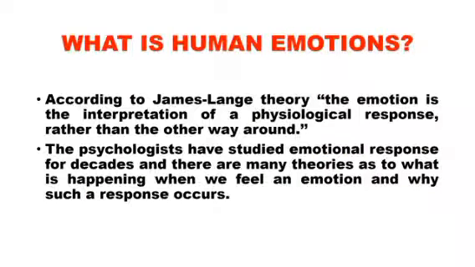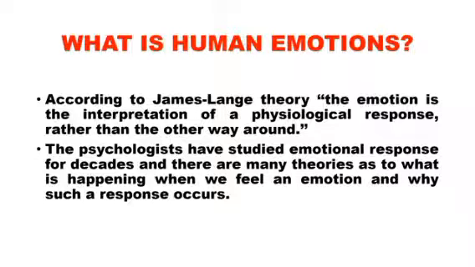Today's topic is human emotions in human computer interface. What is human emotions? Generally, we all are familiar with this topic. We all know that different types of emotions are generated in different types of situations. So let us see the definition of emotions.